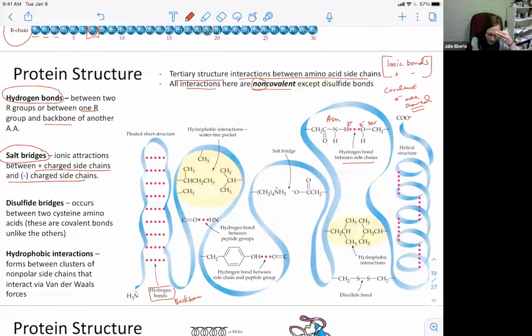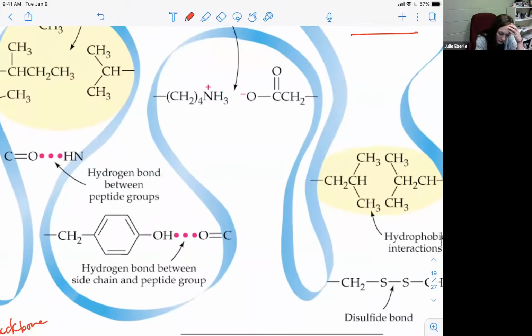So if I could find an example of that, does it have a salt bridge anywhere? Yeah, right here. Okay, so this right here is lysine, and this right here is aspartate.